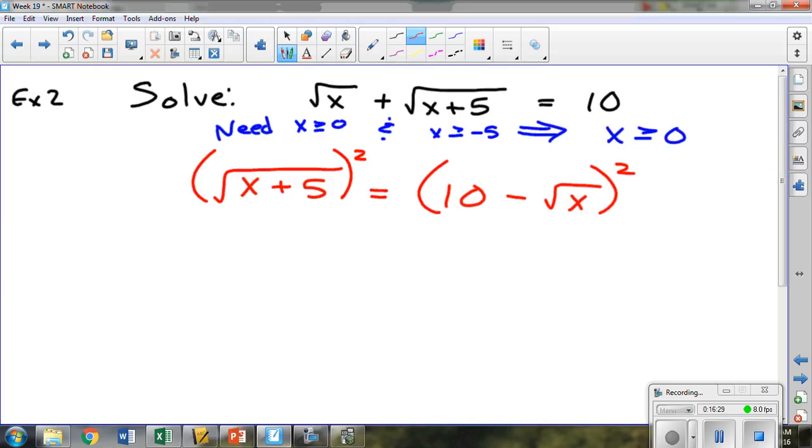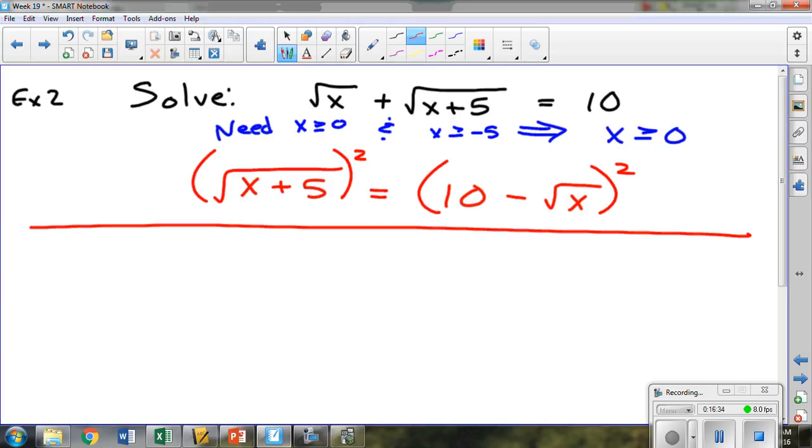And when we square both sides, what do we get? Well, we'll have just x plus 5 on the left-hand side. What about on the right? Keep in mind that with an exponent of 2, we could expand this using the FOIL method. First, 10 times 10 gives us 100.